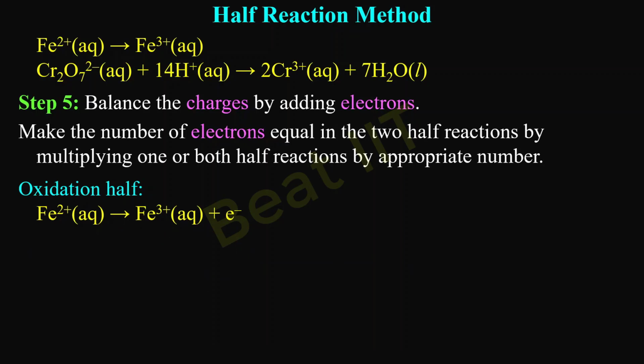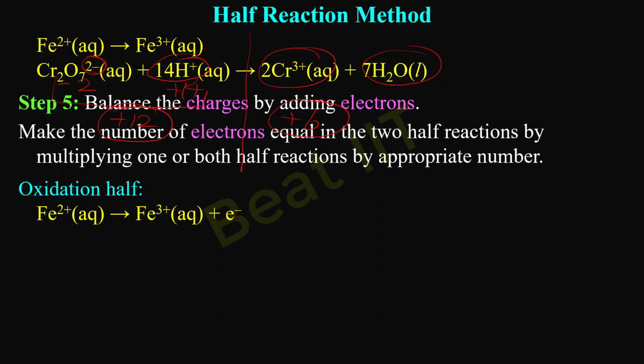In case of the reduction half, I need to calculate how many charges are on the left hand side and right hand side. On the left hand side, if you see, -2 charge, and here +14 charge, 14 hydrogen ions. So total charge on the left hand side I have +12, that is 14 - 2. On the right hand side I have 2 × 3, that is +6 charge, and the water molecule is neutral. It means on the left hand side I have +12, on the right hand side I have +6.